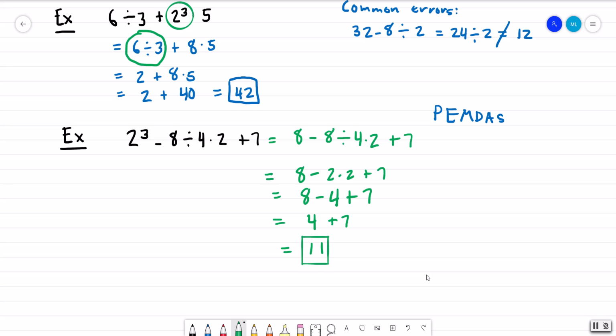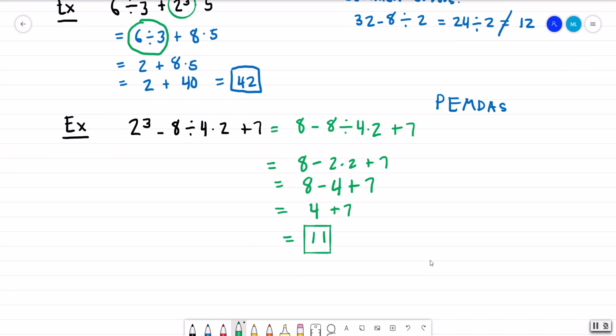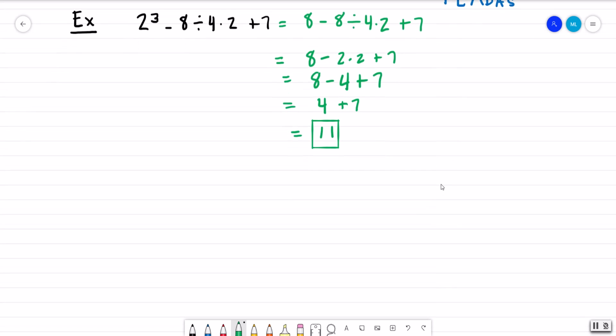Now let's say we want to look at whenever there's a fraction. According to the steps that were posted, you have to evaluate each numerator and denominator individually.